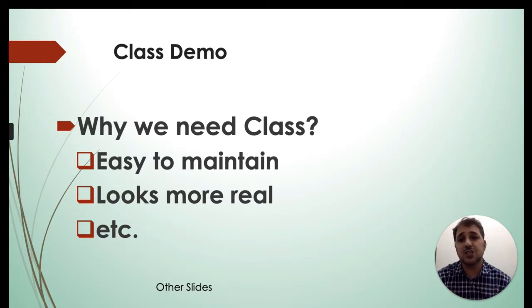So if you change a function in a class, that change reflects to all the objects belonging to that class. And without object oriented programming, without class style programming, you will have to change each piece of information individually, and sometimes it is very difficult in real professional projects.